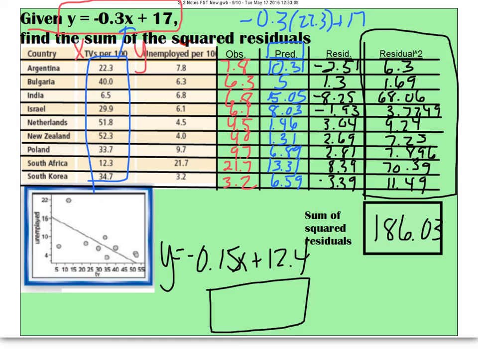When you do that, you would get the sum of the squared residuals as 172.31. So what that tells you is that this second model is actually a better model than the first one up here.